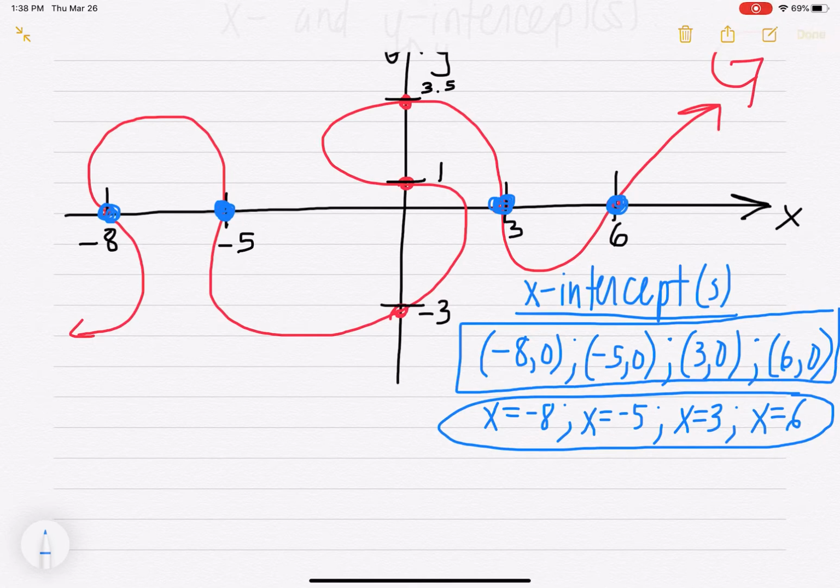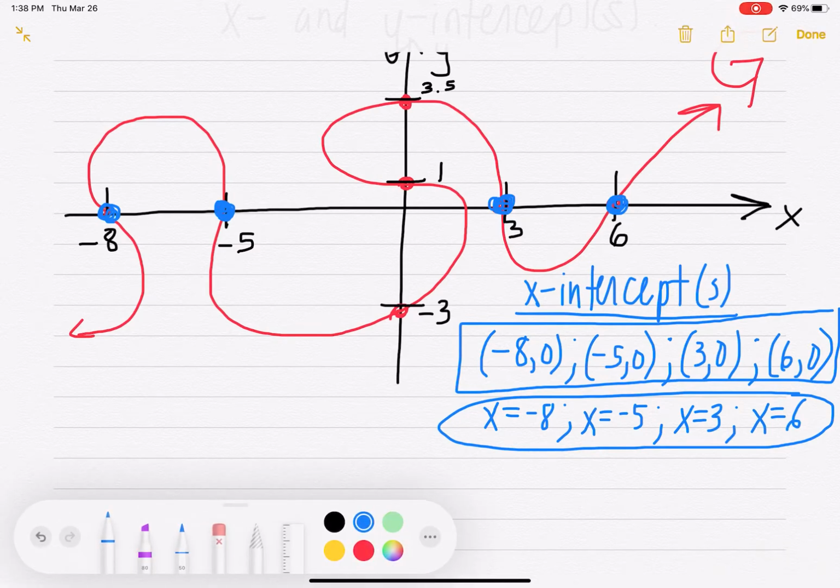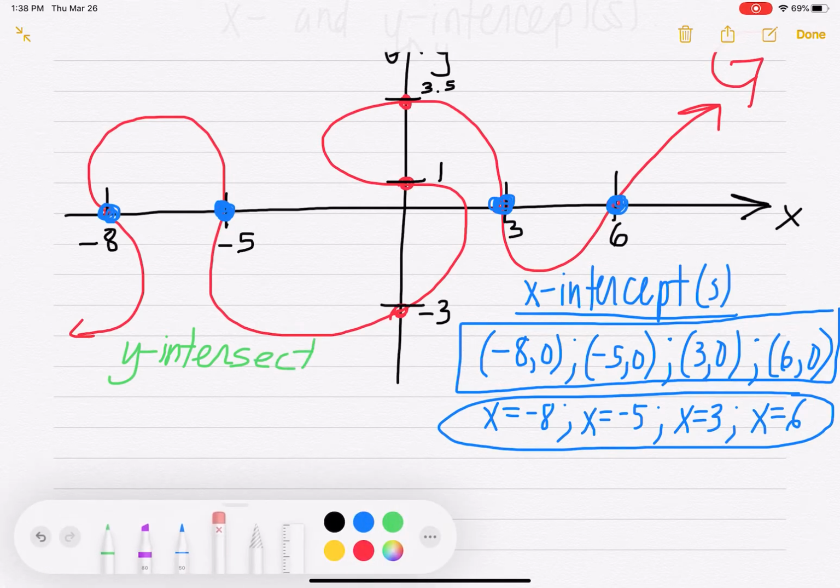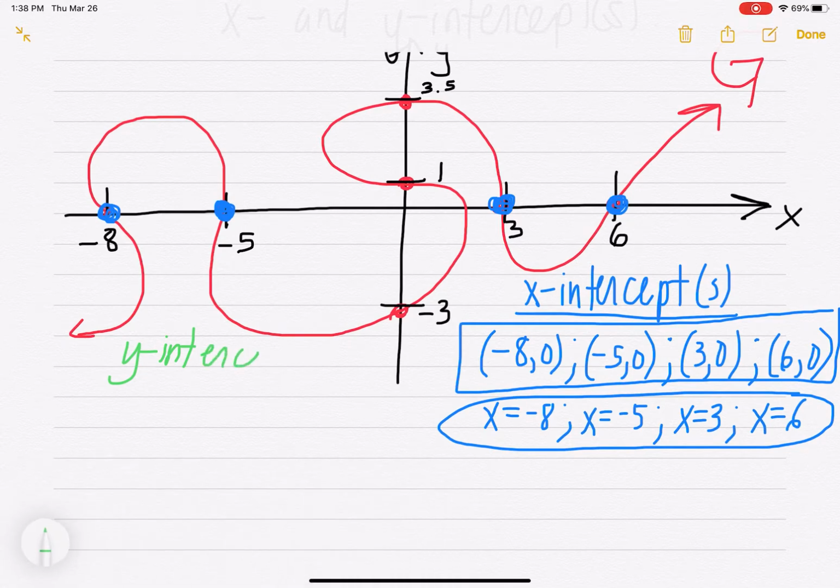Now, what about y-intercepts? Let's do those next, in maybe a green color. That's where your graph intersects with the y-axis. So let's look on the y-axis and see if our graph hits anywhere on the y-axis.